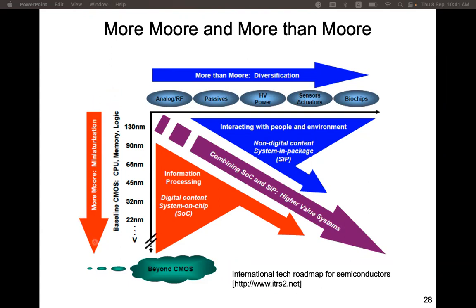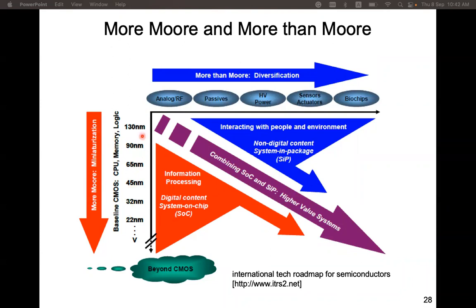Along this downward direction is the continuation of Moore's law. Basically, we want the transistor to be shrunk continuously. That's the so-called More Moore. We want Moore's law to continue.